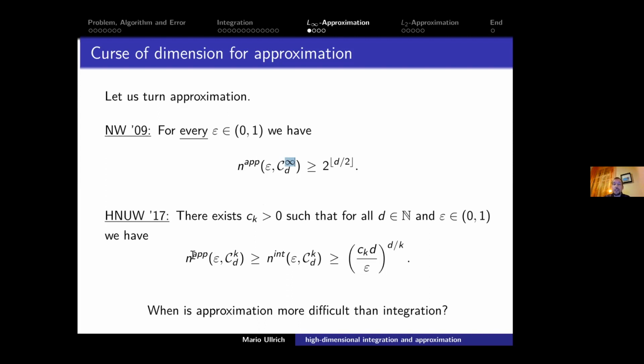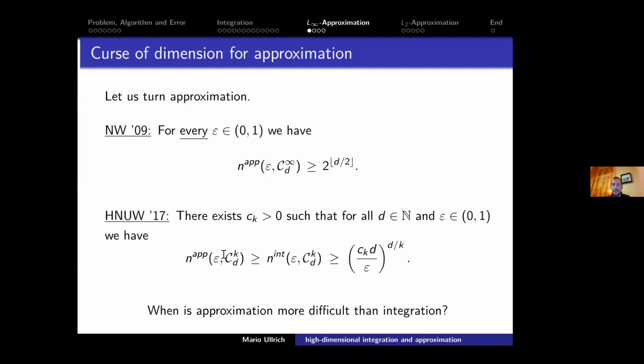Because approximation is a harder problem than integration, so the number of function evaluations needed for approximation is lower bounded by the number we need for integration. And we just learned this is something like d/epsilon to the power d/k. So again, approximation is a very hard problem in high dimensions, as long as we consider these classes where all variables are equally important.